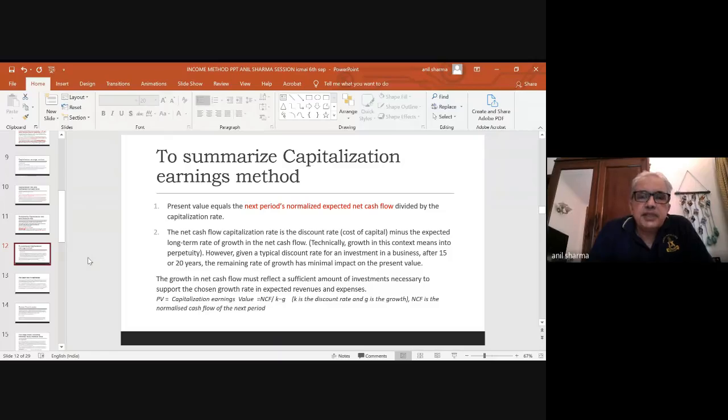The assumption here, again repeated, is perpetuity. So you are expecting a constant rate of growth until perpetuity, right? And cash flows obviously have very low value as we go along. After 20 years, they have literally no value. That is another thing you need to understand.